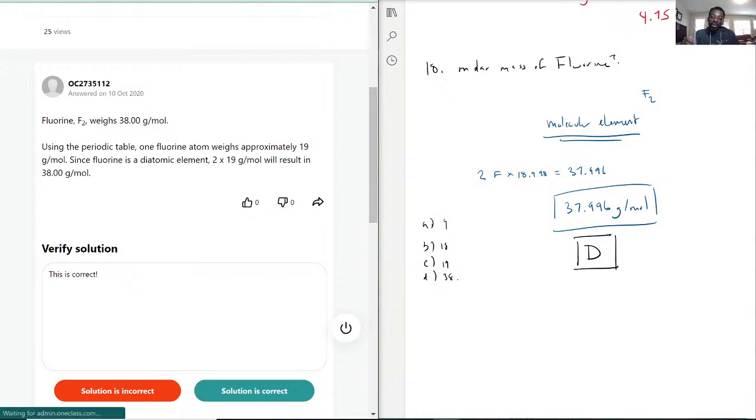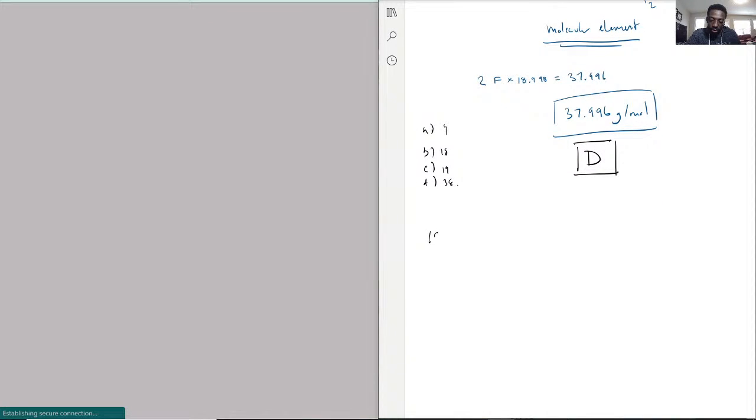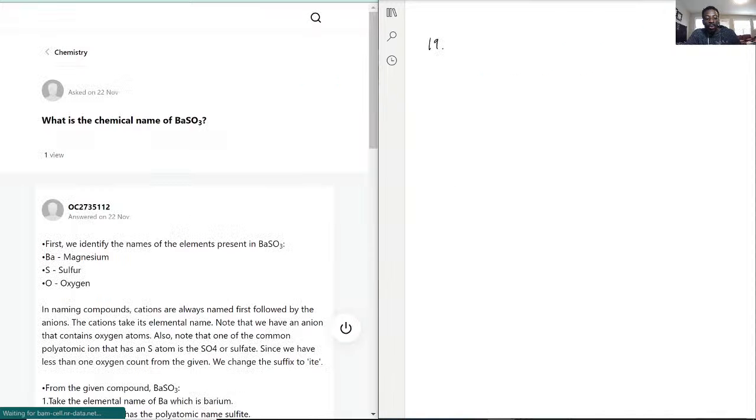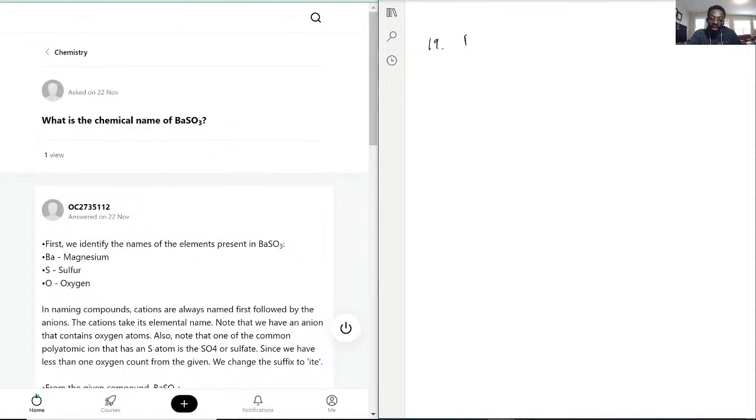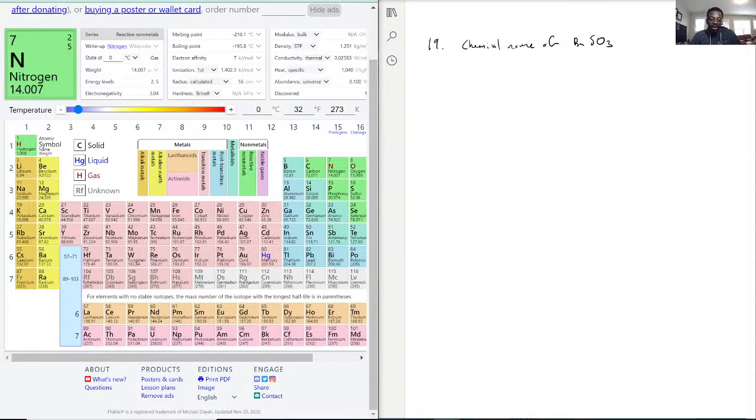All right, and now question 19. What is the chemical name of BaSO3? I always get tempted to just read out the actual name. I previewed this question, and they called it magnesium for some reason.